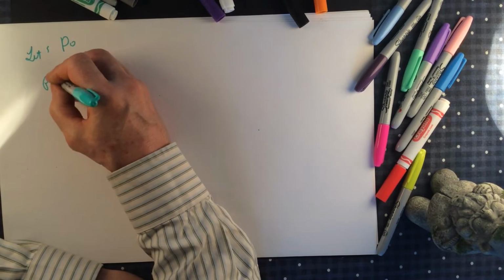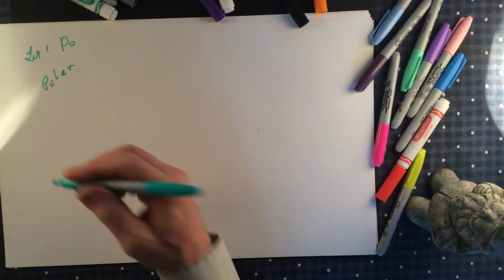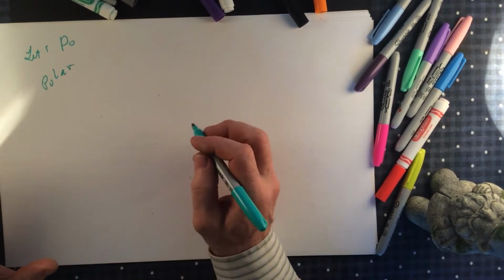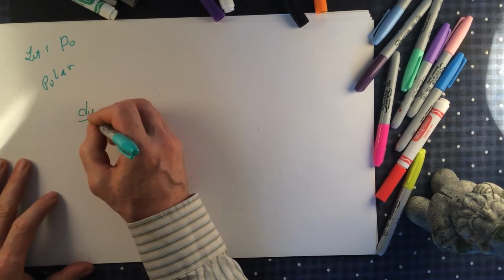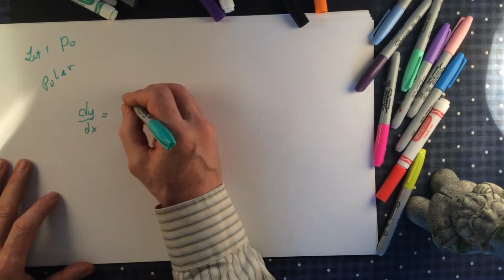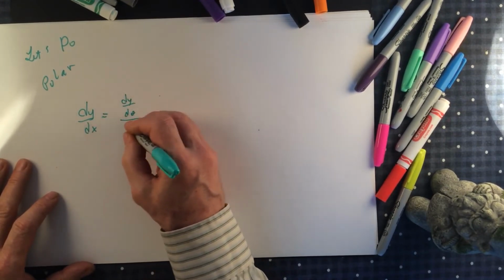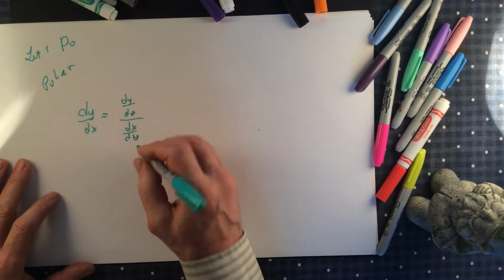Let's do polar. If you remember, we did the chain rule for polar as well, which was dy/dx equals dy d theta over dx d theta.